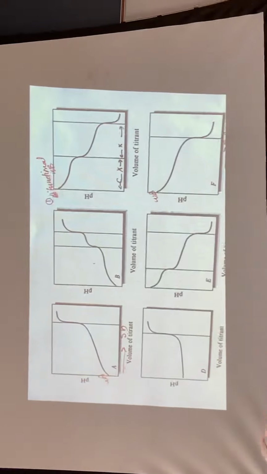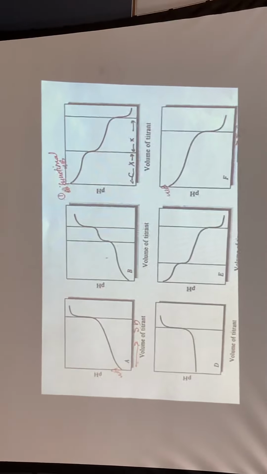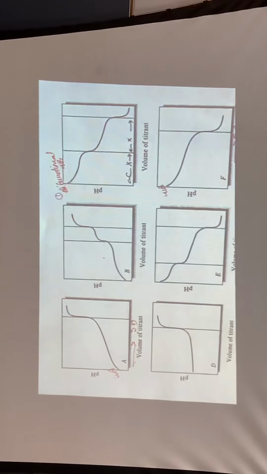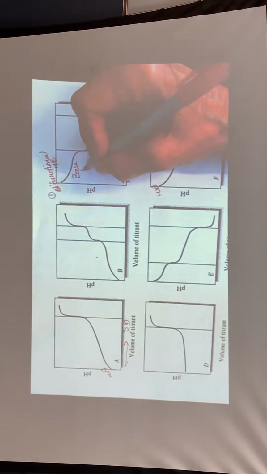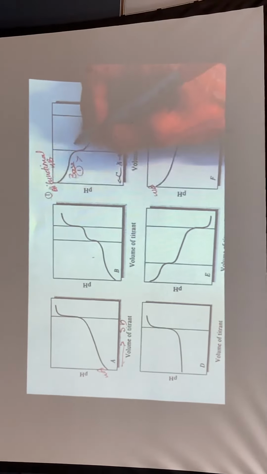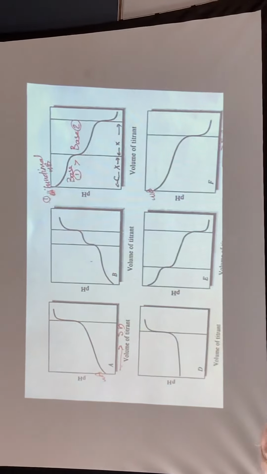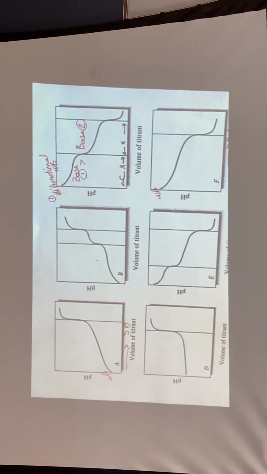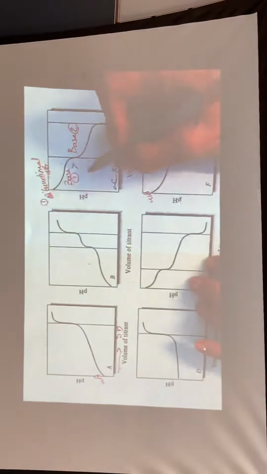Or what's the other possibility? You have a mixed base system? Yes, this is base 1, which is stronger than base 2. And they're unrelated. They have their separate Ks, totally unrelated, but it's an equimolar amount.